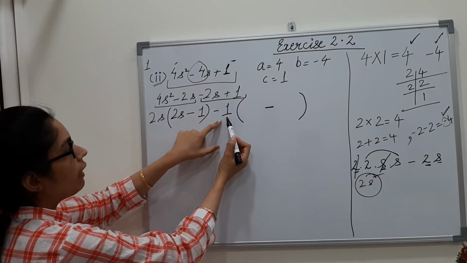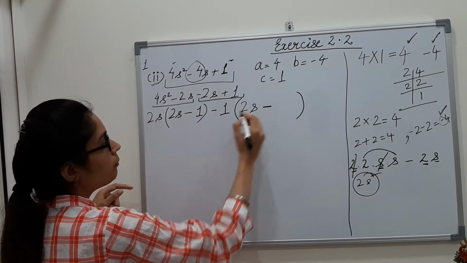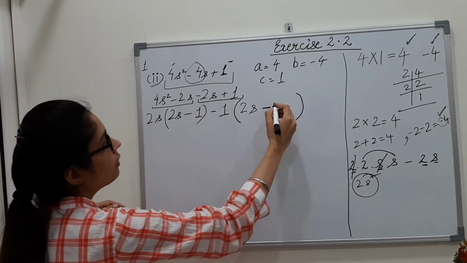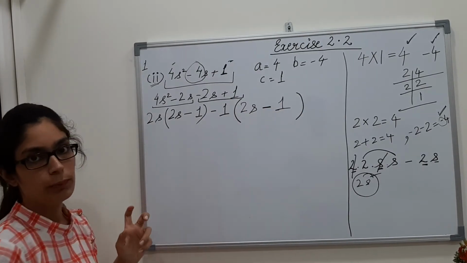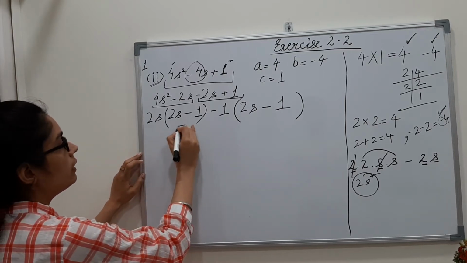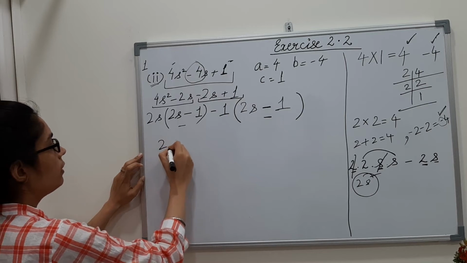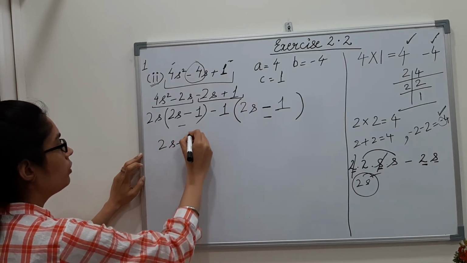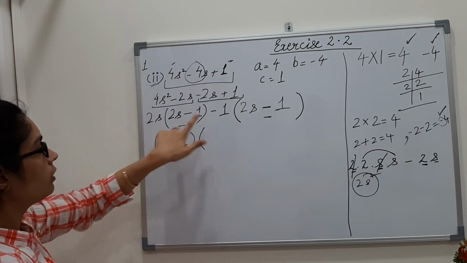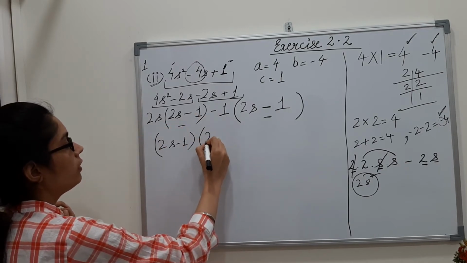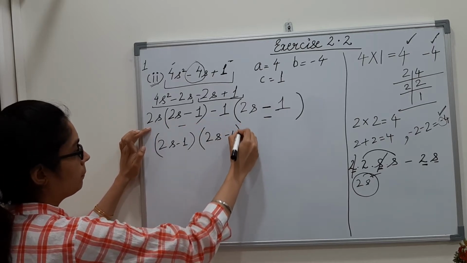Now I took 1 out, and inside everything will remain the same. These two should always be the same. Now I will take this as common, and whatever I am left with, I will write here: 2s minus 1.